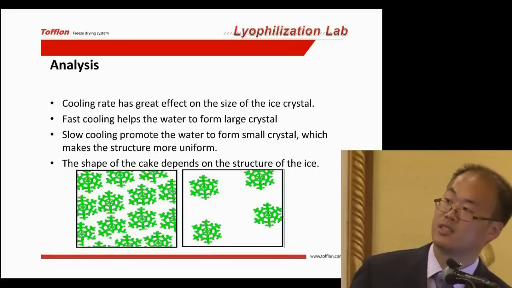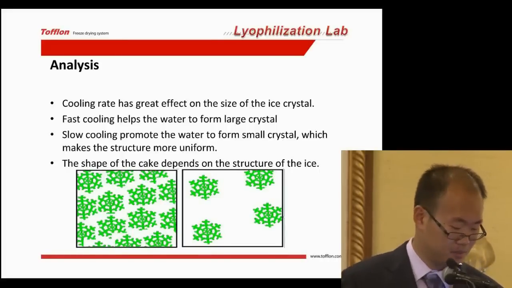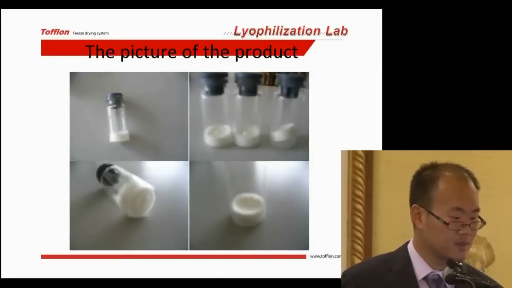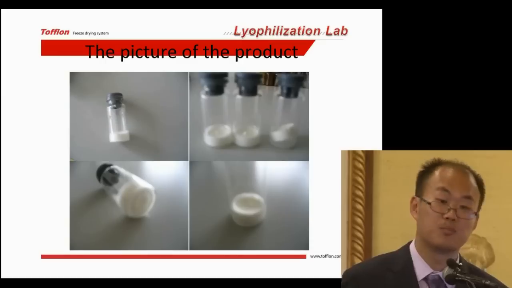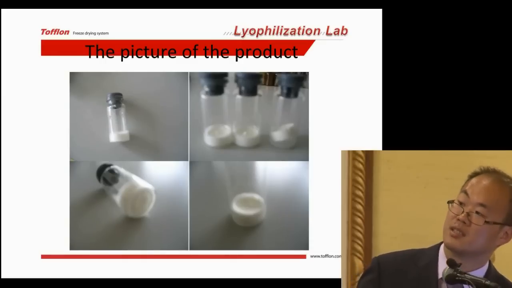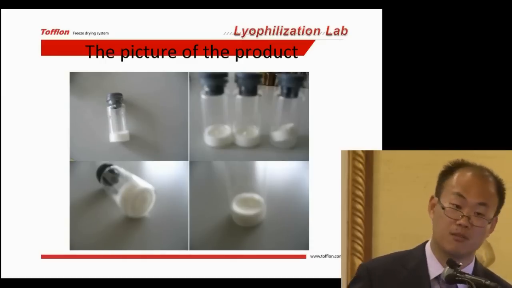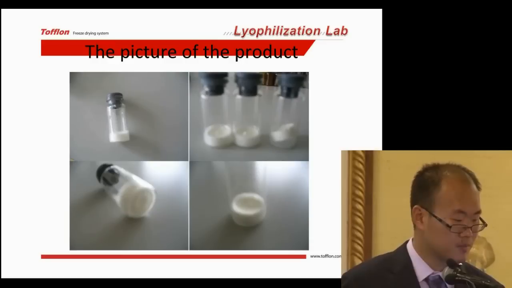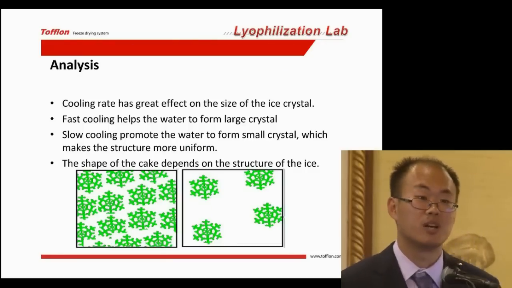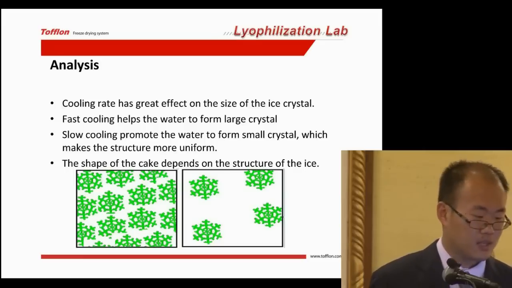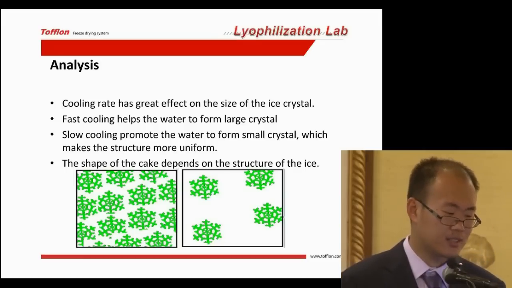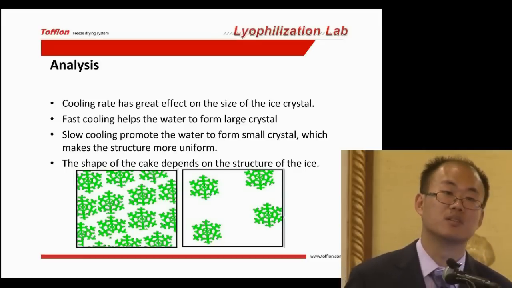This is a report of our Tofflon lyophilization lab. Now, this is a picture of the product. We can see that all of these products are very good. Now we analyze why we can get this product. The cooling rate has a great effect on the size of the ice crystal.